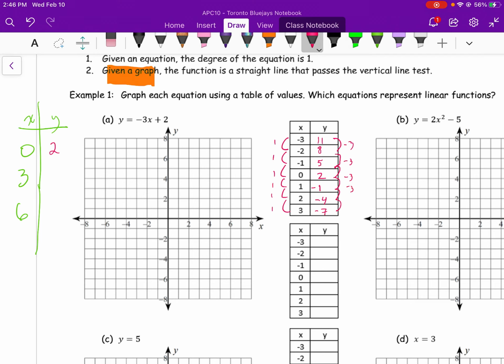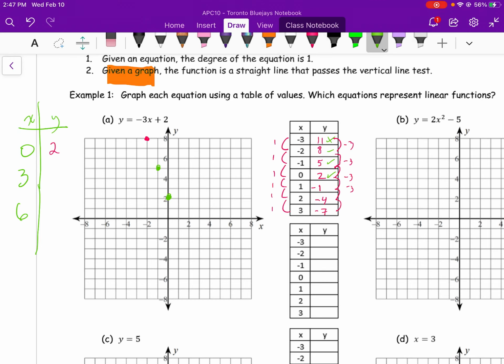All right, I'll graph this. My first point that I can graph is -2, 8. My second point is -1, 5, somewhere right there. My next point is going to be 0, 2.